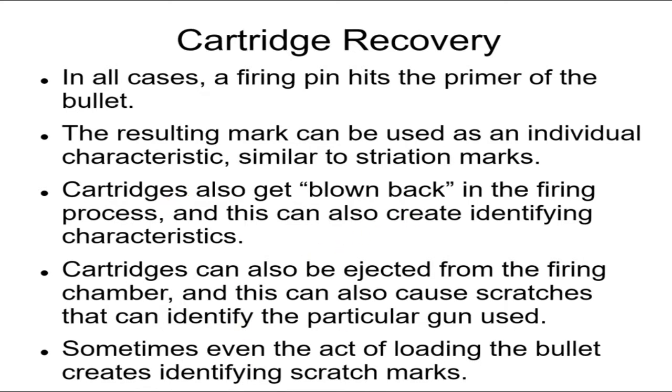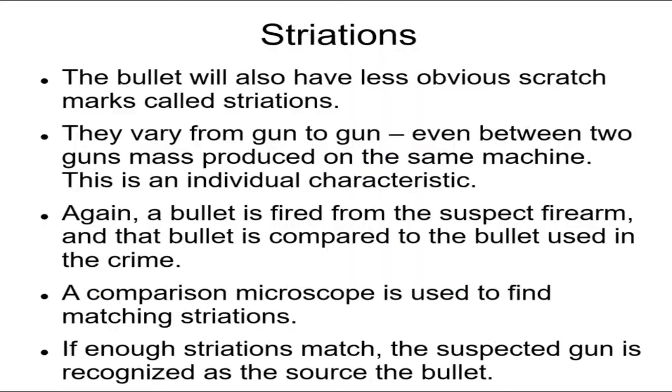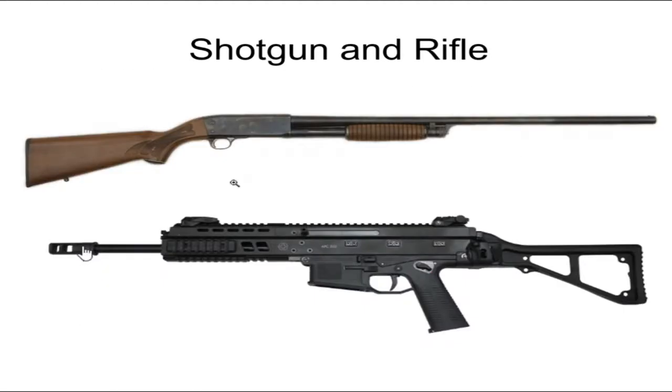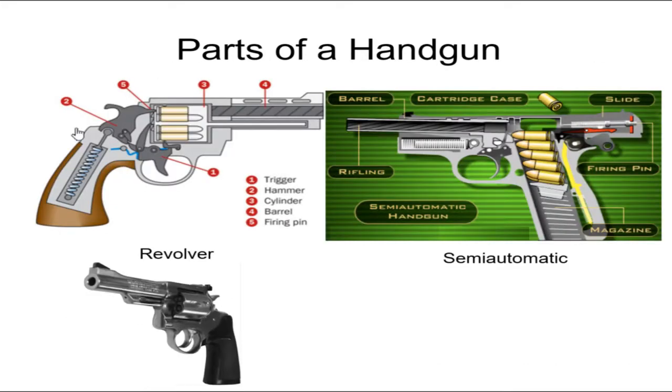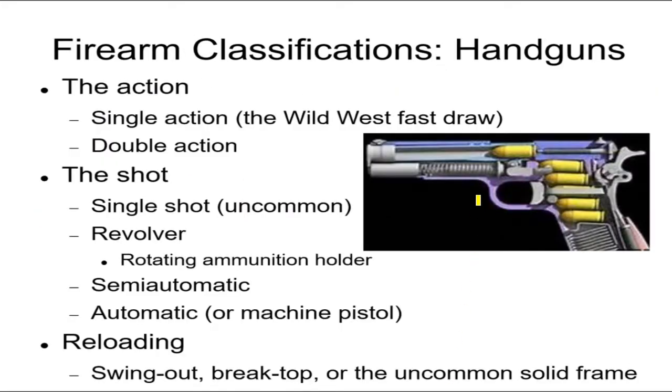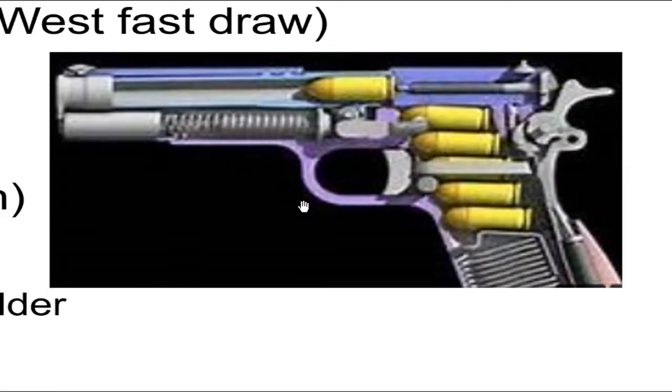Now let's take a look at what these things are. Let's take a look at this image here. Maybe we can blow it up a little bit. There we go. Okay, taking a look at what's going on. This little hole is where the bullet gets ejected. So again, the bullet gets into the firing chamber.